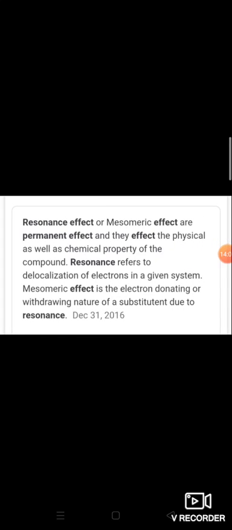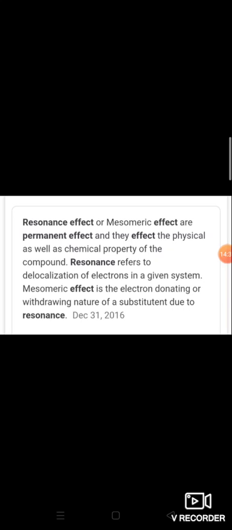There are two types of effect, negative and positive. Negative resonance or negative mesomeric effect: when the electron displacement is towards the atom or group, it is known as the negative resonance effect. For example, if the double bond is shifted towards the nearest carbon atom, it is known as the negative resonance effect.